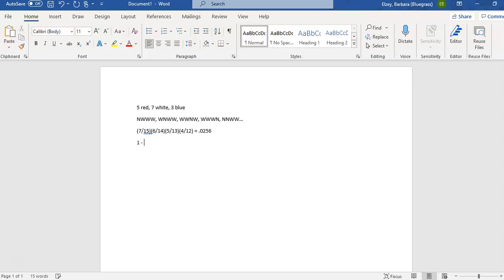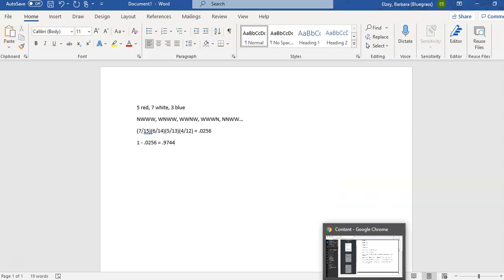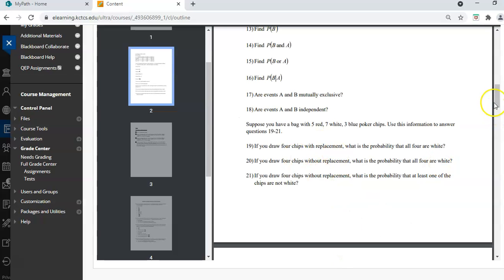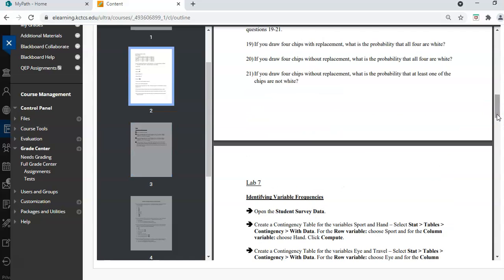So to get the probability of having at least one chip that is not white, we have to subtract this from 1, and that's going to give us 0.9744. So I think you got this and forgot that you were finding the complement to get to your final answer there.